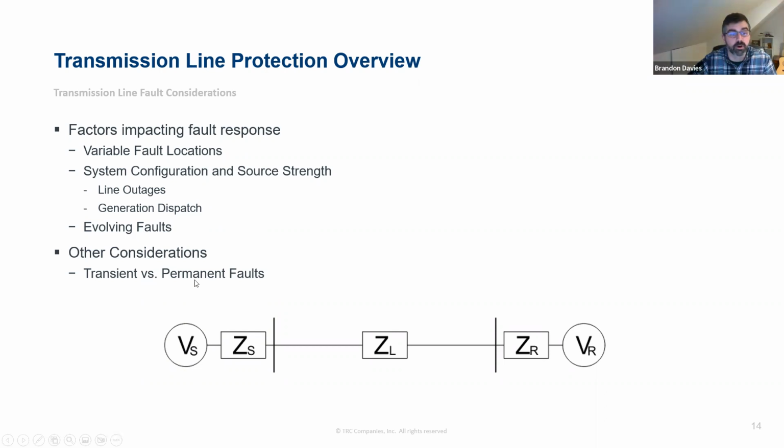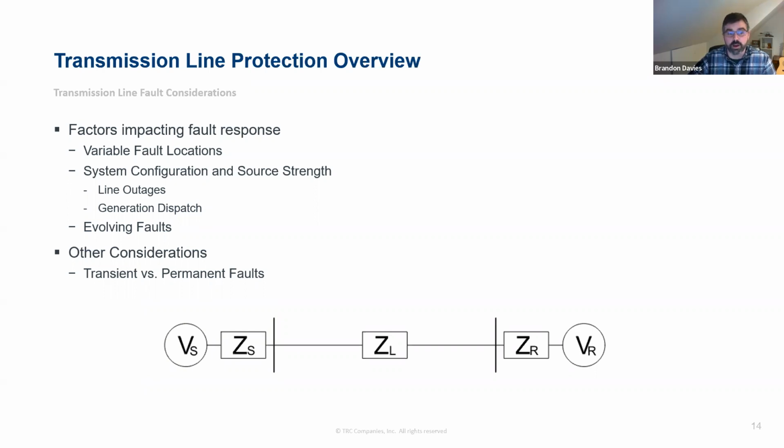And then finally, evolving faults. You can have a fault that starts out as a certain type of fault and then evolves into another. It starts out as a single line-to-ground fault and then eventually turns into a phase-to-phase-to-ground or a three-phase fault. And lastly, you might have faults that are transient versus permanent. If you have a lightning strike and you flash over an insulator, once the protection clears that, all of your equipment is still fine.